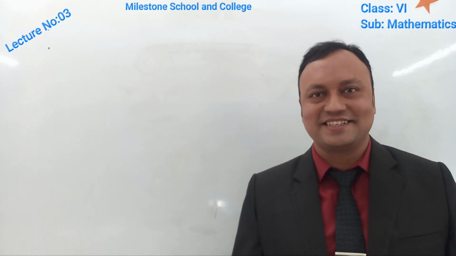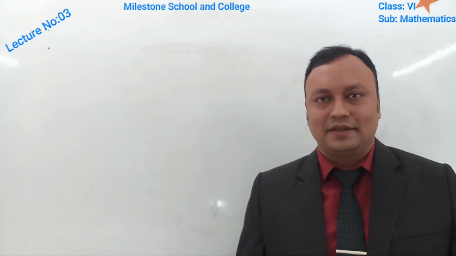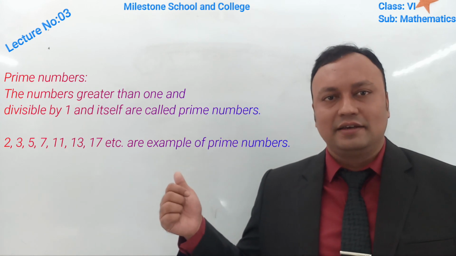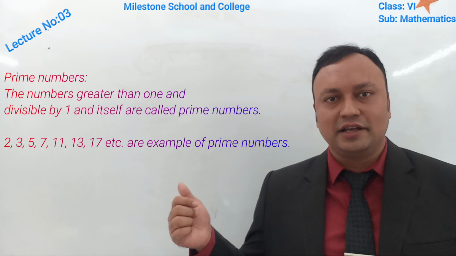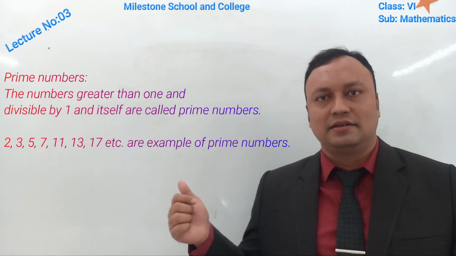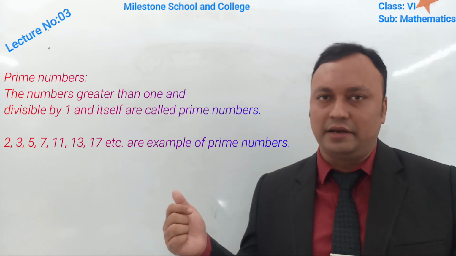Now, my dear students, prime numbers. As you can see, the definition first: the numbers greater than 1 and divisible by 1 and itself. That is the important line, my dear students.